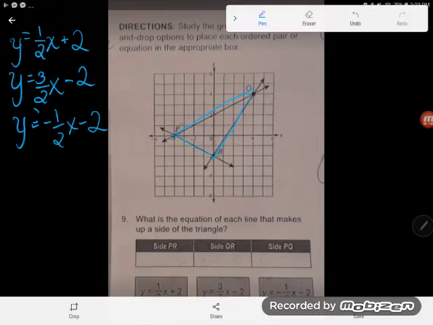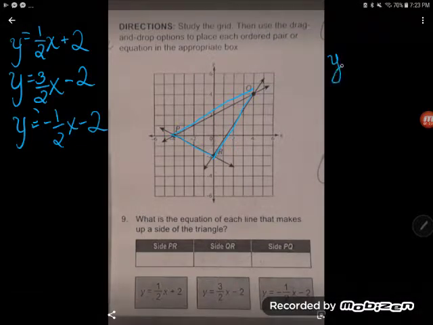Now, if you don't have any background with graphing lines at all, this is going to be challenging for you to follow. But I will just let you know that we have something called the slope-intercept form of a line, and it's actually on your GED formula sheet.